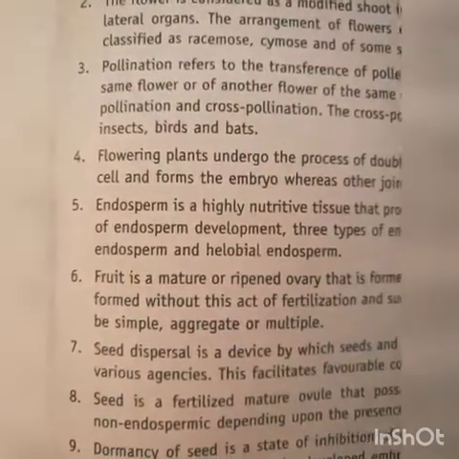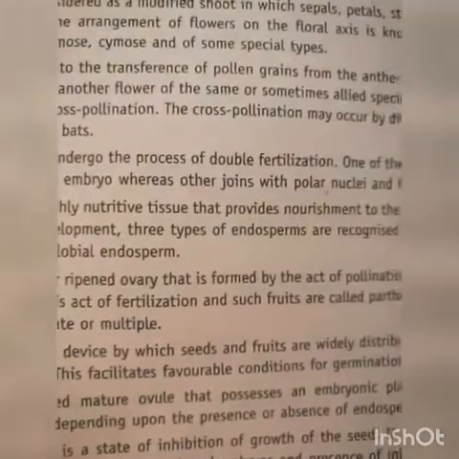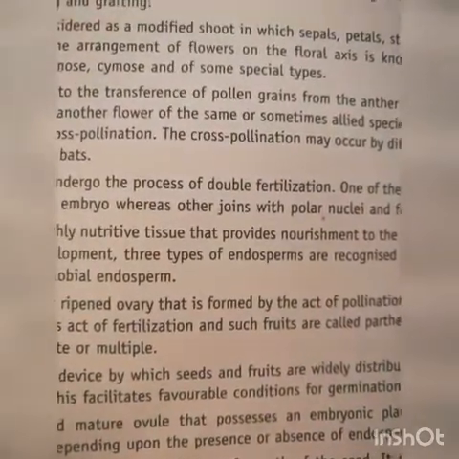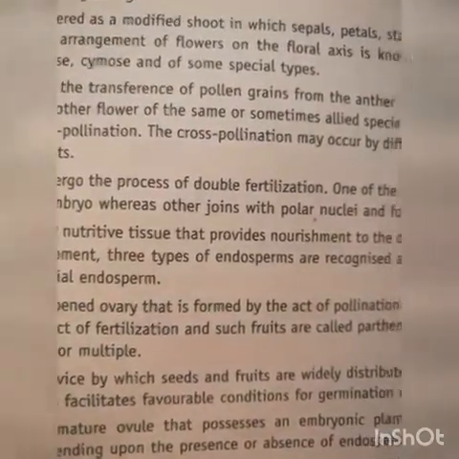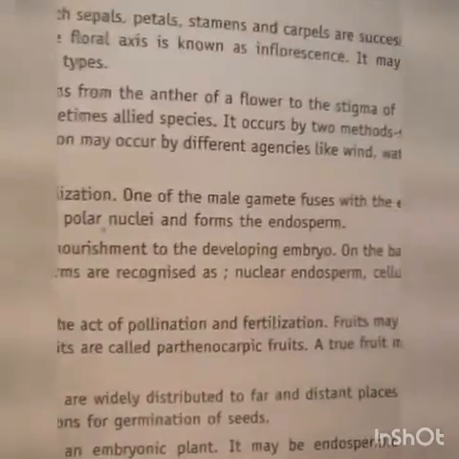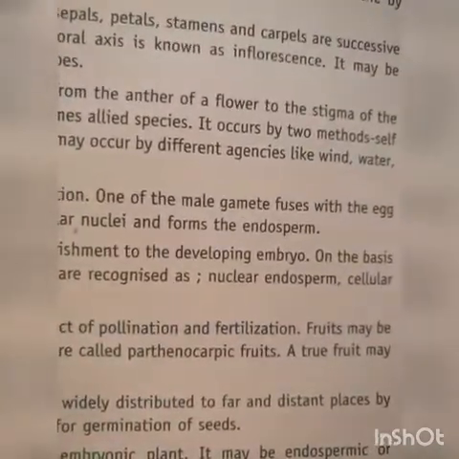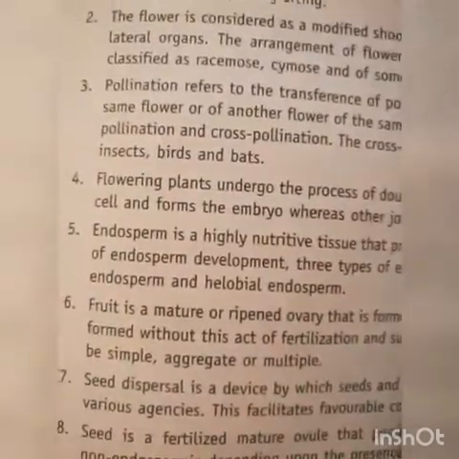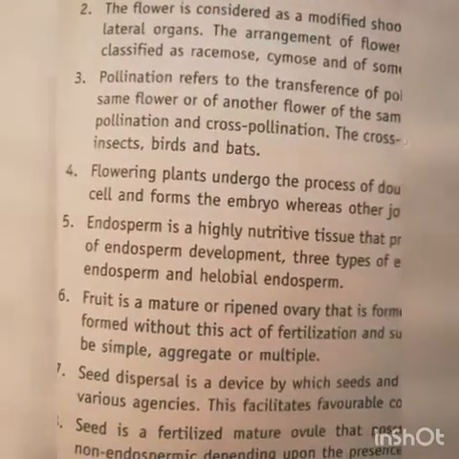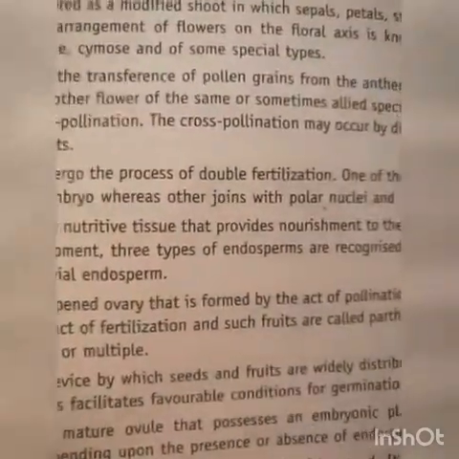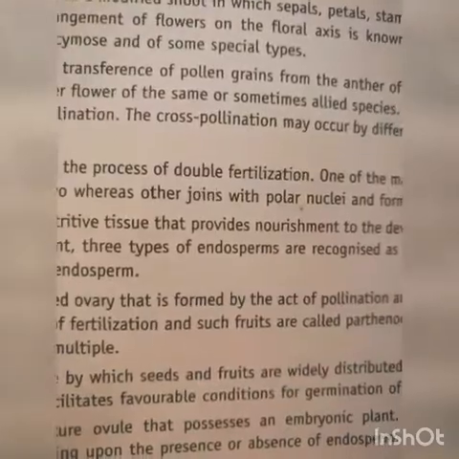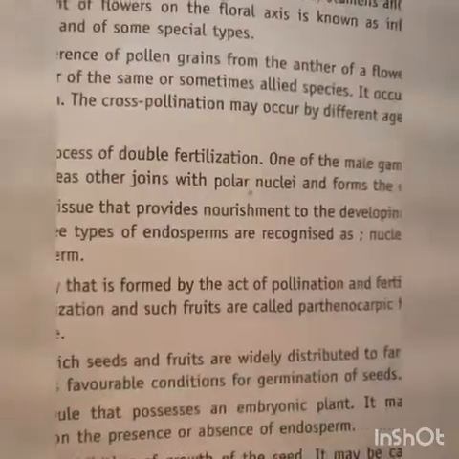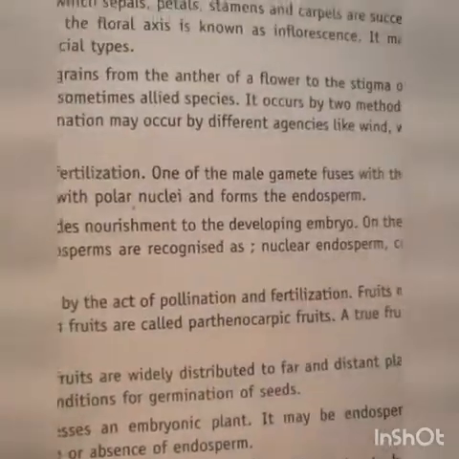Fourth one, flowering plants undergo the process of double fertilization. In double fertilization, one male gamete fuses with the egg cell and forms embryo, whereas the other male gamete fuses with polar nuclei and forms the endosperm.